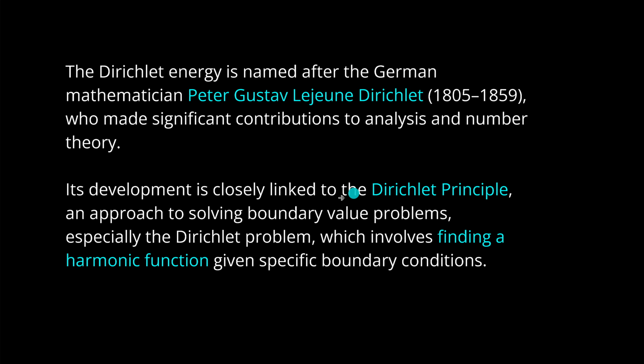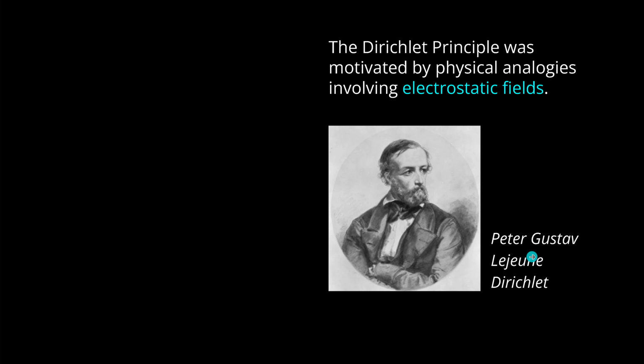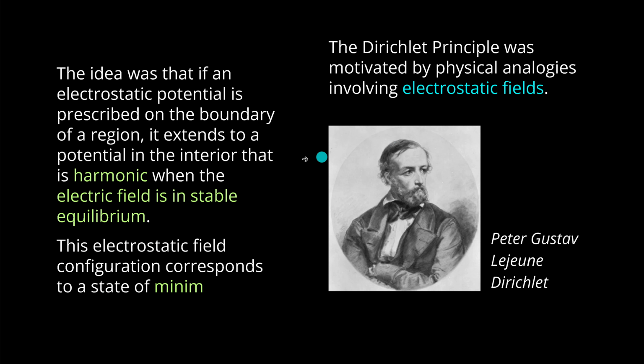He was looking at a particular problem, which involves finding a harmonic function given specific boundary conditions. Interestingly, this is 200 years back, and we use it today in the latest AI research to try to understand new mathematical models.